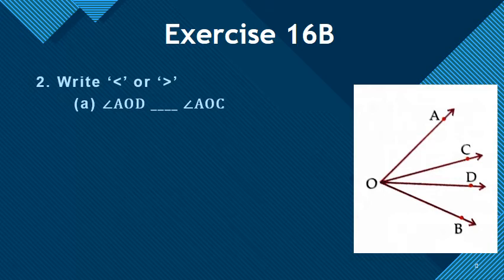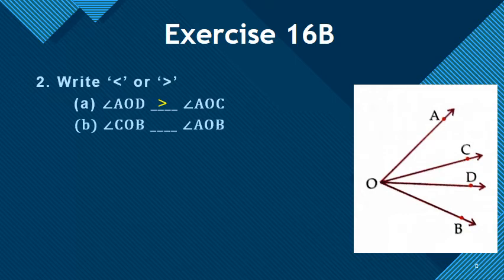So which angle is greater? Well, it is very clear from the picture that angle AOD is greater than angle AOC. Why? Because it has a wider opening than angle AOC. Therefore, we will put the sign of greater than like this.